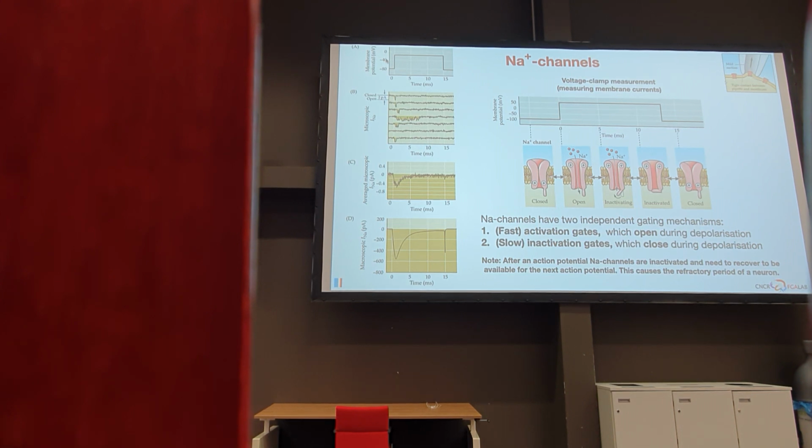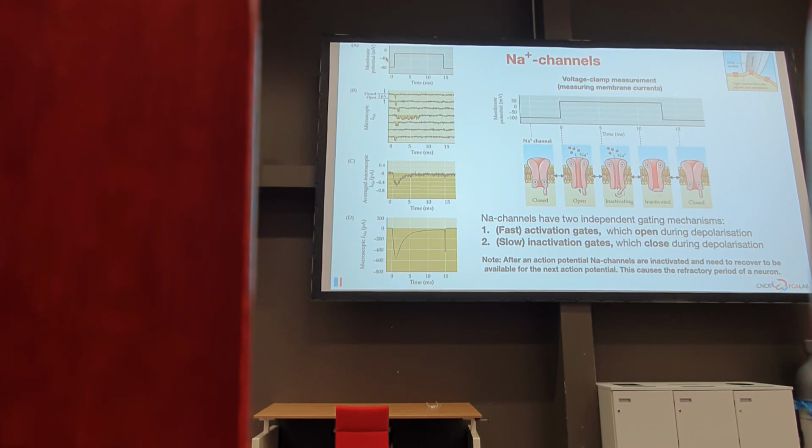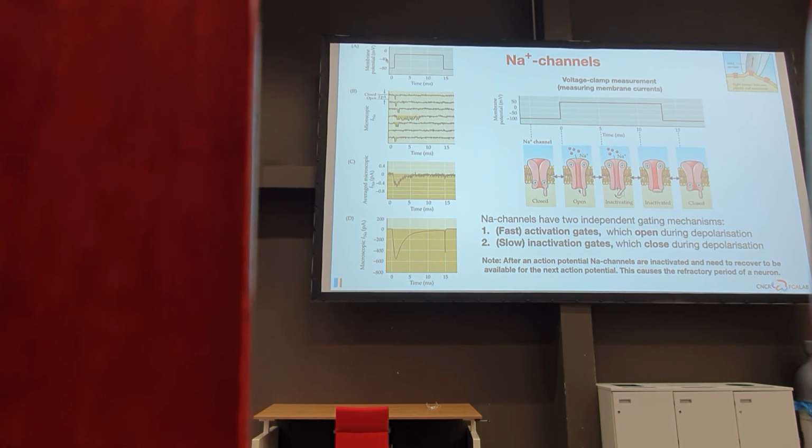Yes? What's the peak at 50 milliseconds of picture D? Can you speak up? In the last picture, what's the peak at 50 milliseconds? This peak? Yeah, again, that is the capacitive current. Remember at the beginning, even if you have a membrane without any channels, and you give this type of stimulation, so fast depolarization or fast hyperpolarization, you always get these capacitive currents.